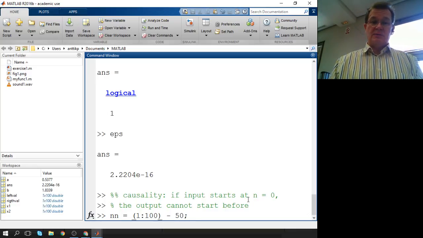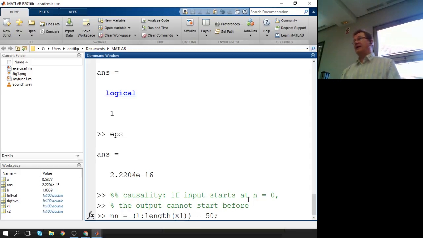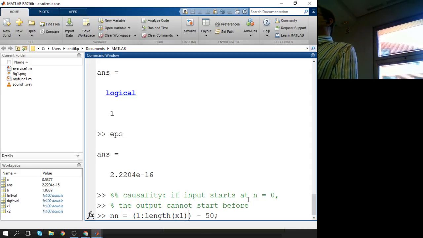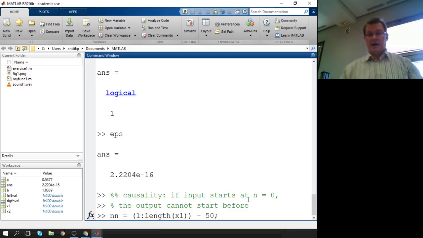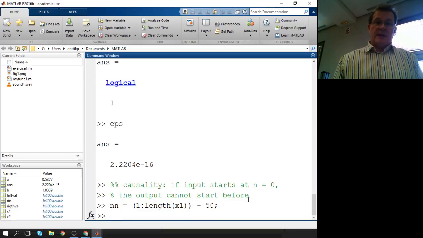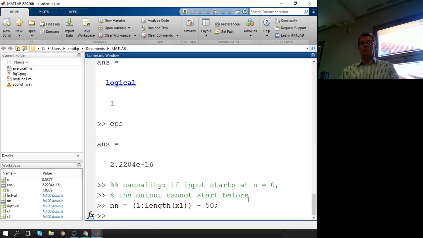Maybe I will do it also like this, so I can take the x1 and check what is the length, and now I have that index vector from minus 49 to whatever, the same number of elements as in x1. There. So that's my n.